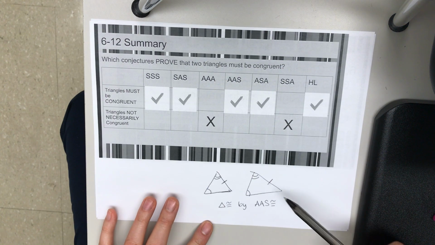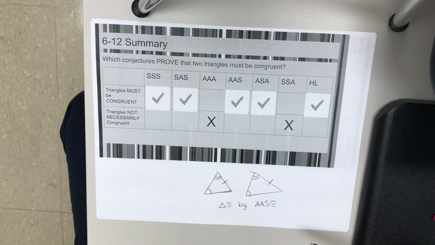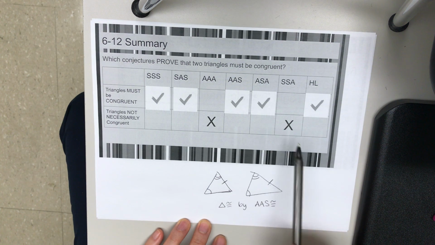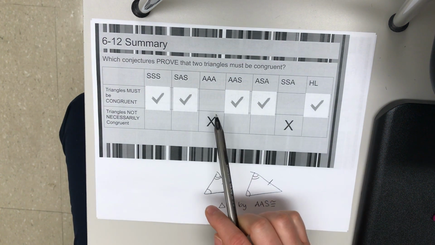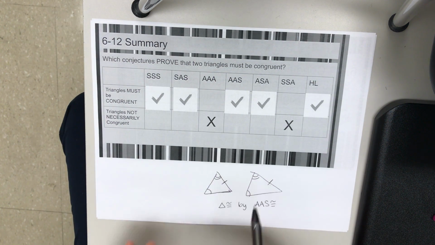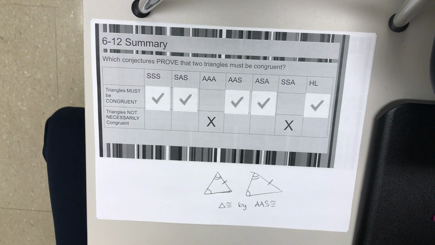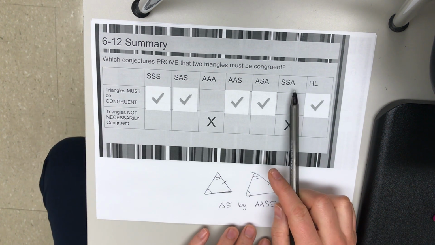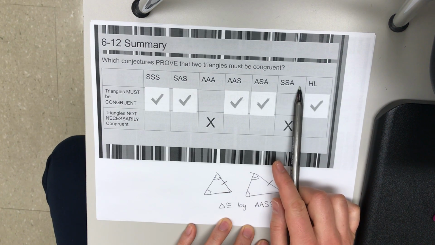Anything with a check mark is enough information to show that the two triangles are congruent. These two are the ones that are not enough to show. If it's AAA, two different triangles that have three angles that are the same in both triangles, not enough to show that the triangles are congruent. They're similar, just not necessarily congruent, okay? Same with ASS, or SSA.